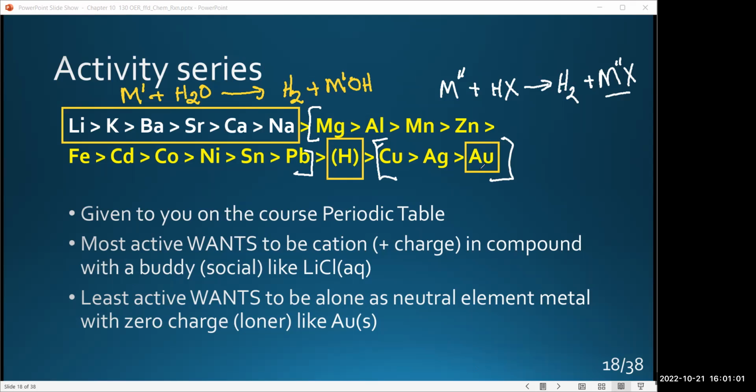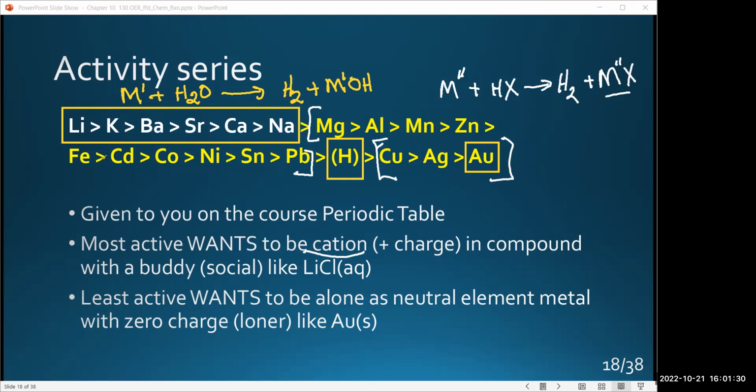Can they react? Yes, but it takes extremely vigorous and harsh conditions to get them to react. Okay. Now, the way this activity series works, it says here that the most reactive metal wants to be in cation, in a compound ionic form.